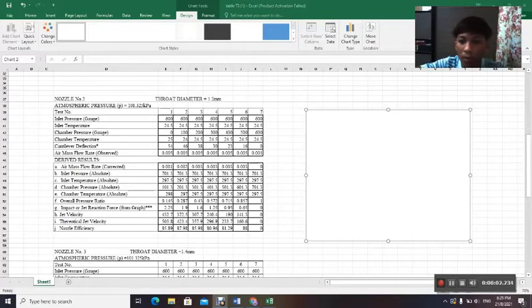Now I will show how to draw the graph using Microsoft Excel.